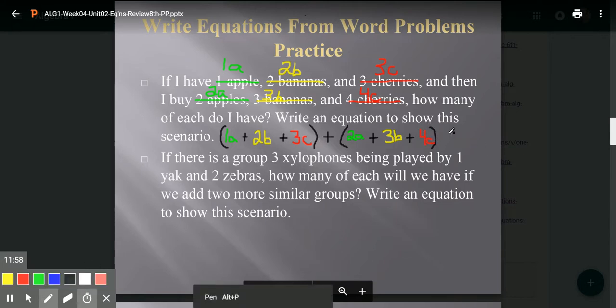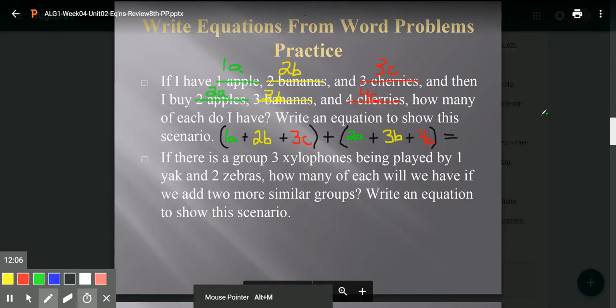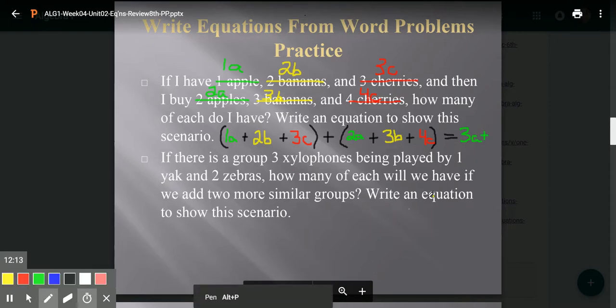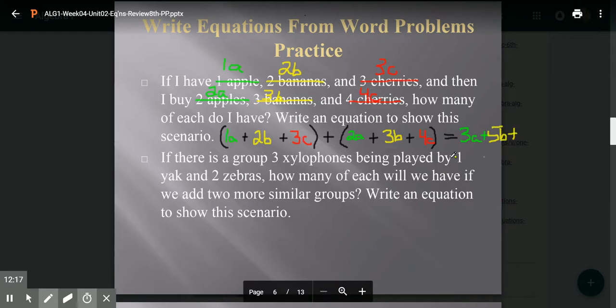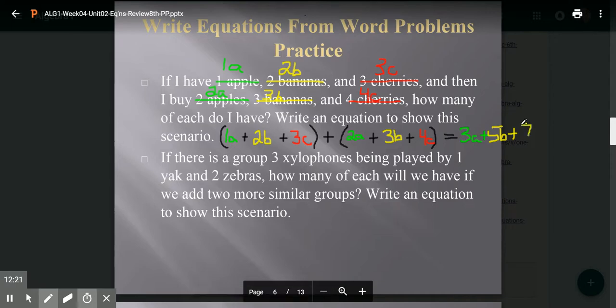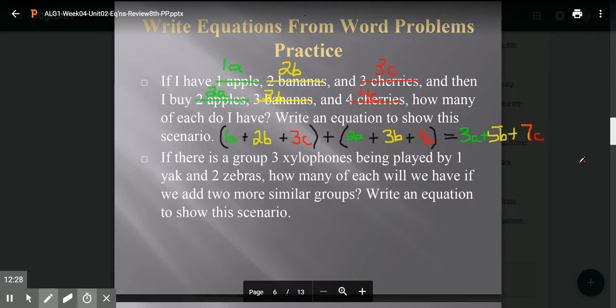And now we can combine our like terms. We've got 1 apple and 2 apples, that's going to give us 3 apples. Our 2 bananas plus 3 bananas will give us 5 bananas. Plus our 3 cherries plus 4 cherries will be 7 cherries. And we're done.